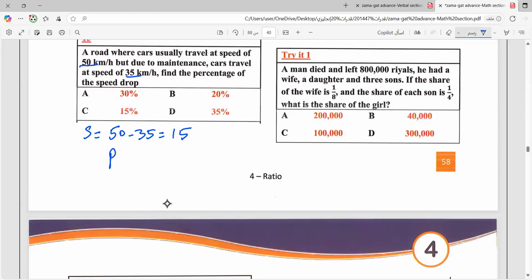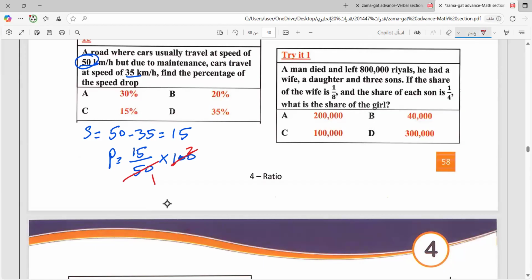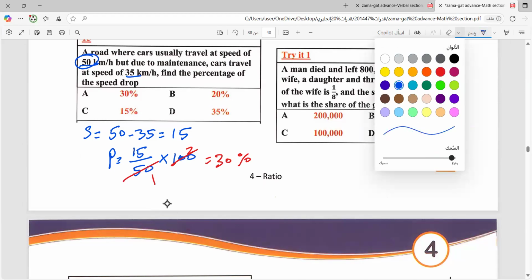Then we find the percentage. The percentage equals 15 divided by the original, which is 50, times 100. Simplify, so it's 10 and then 5, and 15 multiplied by 2 is 30%.